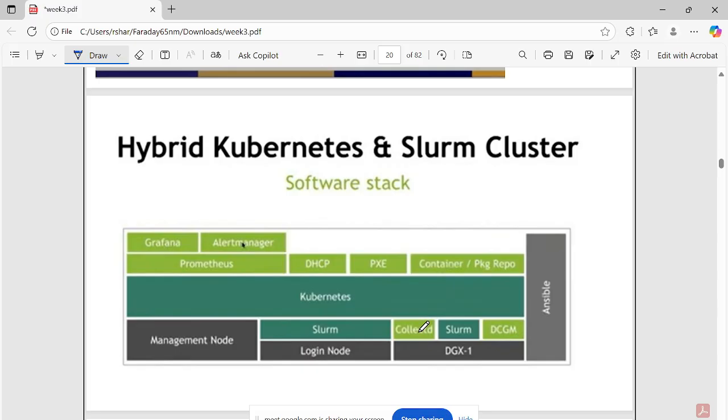So this is how we stack up the software stack. We are trying to develop a hybrid Kubernetes and Slurm cluster.